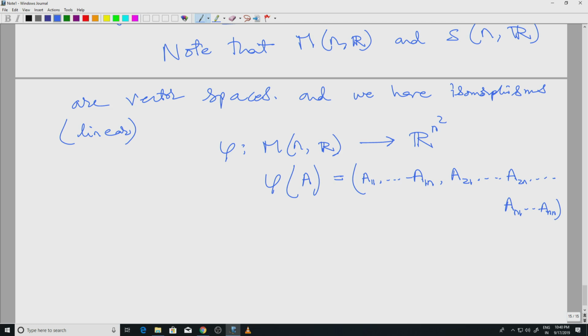Given a matrix, I just put the rows of A side by side and get an element of R^(n squared).